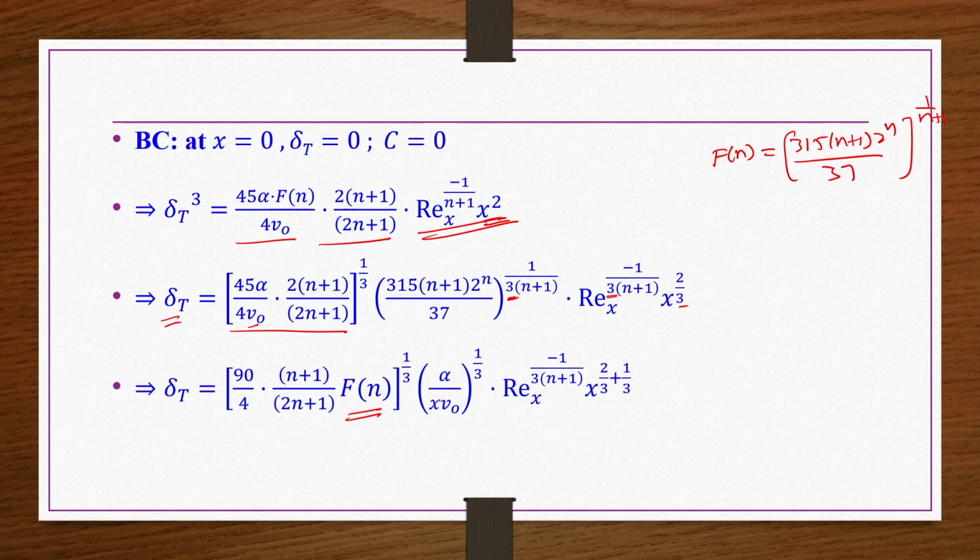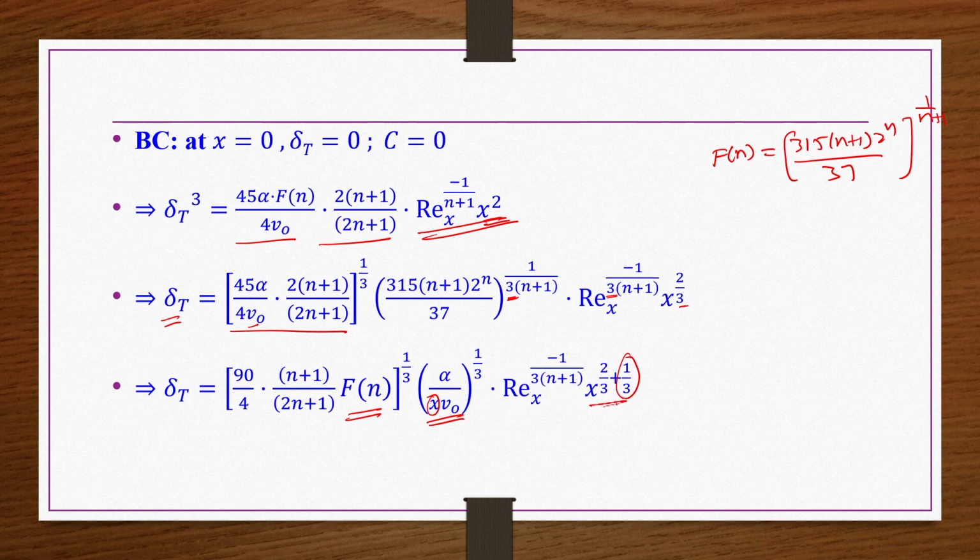Now I am multiplying by x power 1 by 3 and then dividing by x power 1 by 3. So here I can have alpha by x V naught power 1 by 3, and then x power 2 by 3 and x power 1 by 3, that I can write as x power 2 by 3 plus 1 by 3, that is x.